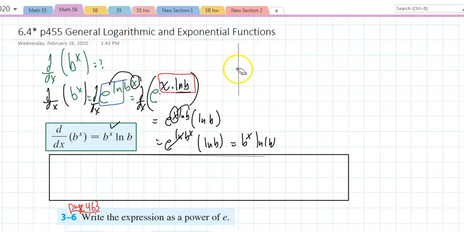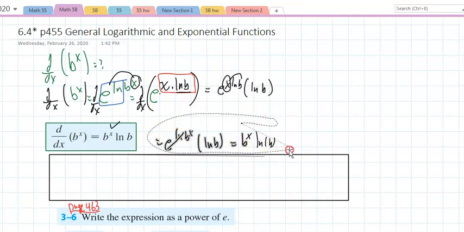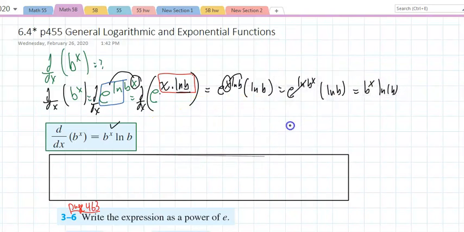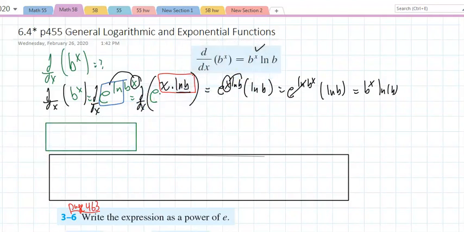I'm going to put all of that on one line. I normally don't like doing that, but since this is matching, let me put it all on one line so you can see how that works. So the derivative of b to the x is b to the x times natural log of b.